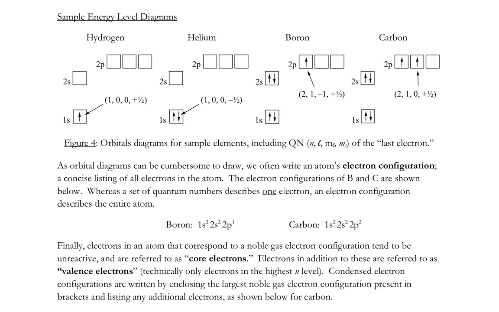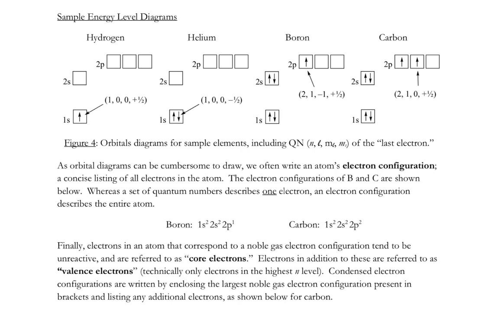And it describes all of the electrons within the atom, not just one of the electrons. So what we list for that is the name of the atomic orbital, and as a superscript to the right of that atomic orbital, we list how many electrons are in that orbital. Okay, so for hydrogen, it's not shown here on this sheet.